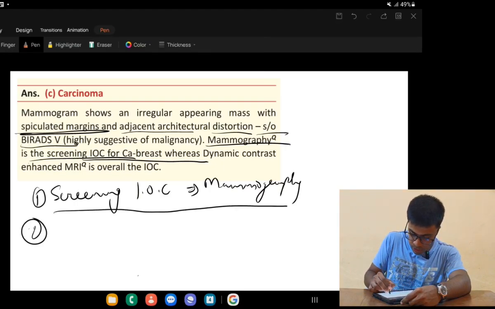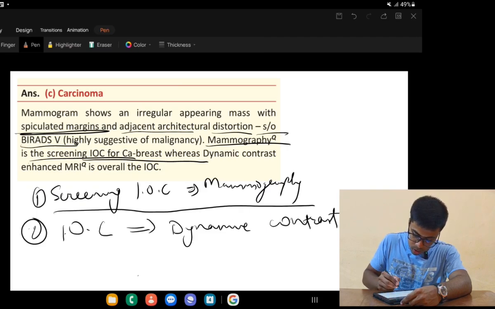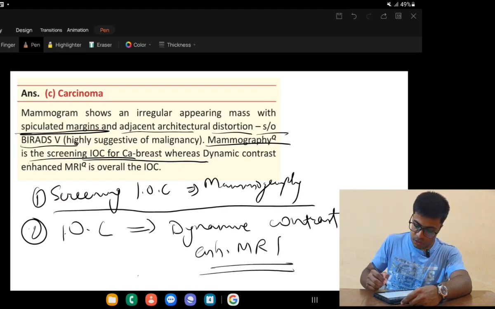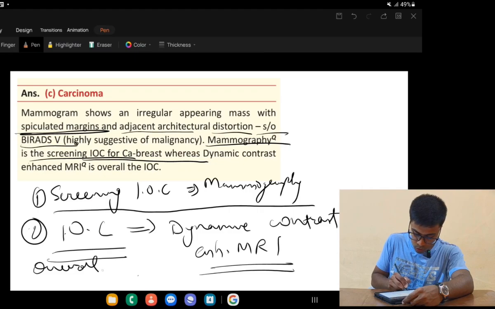That's why I'm writing the screening, and then we have the investigation of choice, dynamic contrast enhanced MRI. Overall, it's the investigation of choice. So two more MCQs we have added here.